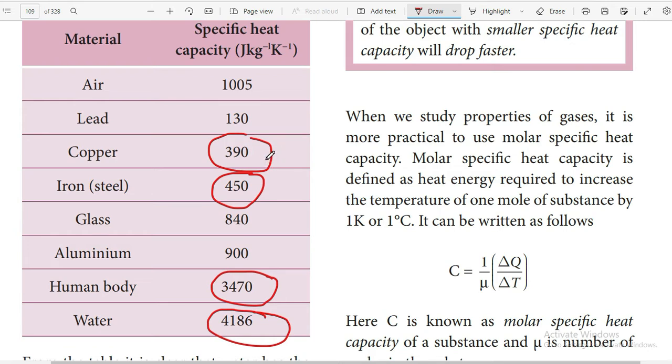When we heat some steel or copper, since the molecules are very closely packed, the heat gets transmitted very fast. So we don't need a large amount of heat energy to rise from, say, 28 degrees Celsius to 29 or 30 degrees Celsius.